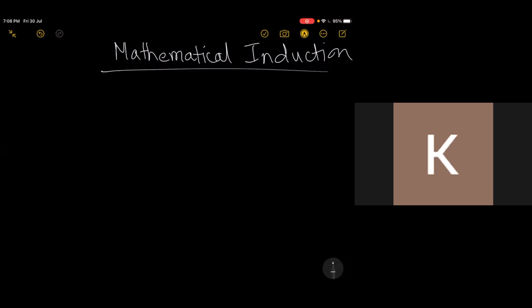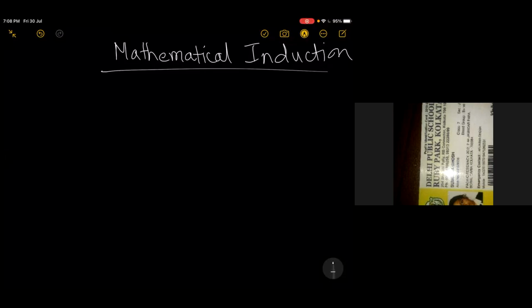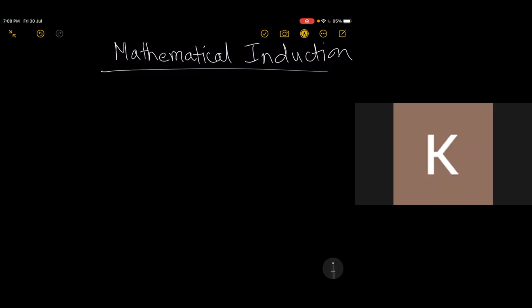Okay. So what is induction? Can any of you tell me? Induction is a method of proving. Yeah, very good. So induction is a proof technique, I can write.